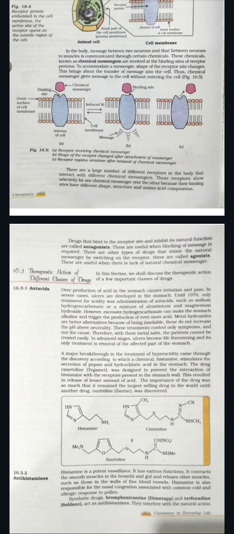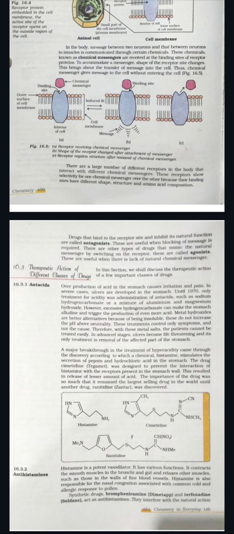Antihistamines. Histamine is a potent vasodilator. It has various functions. It contracts the smooth muscles in the bronchi and gut and relaxes other muscles such as those in the walls of fine blood vessels.